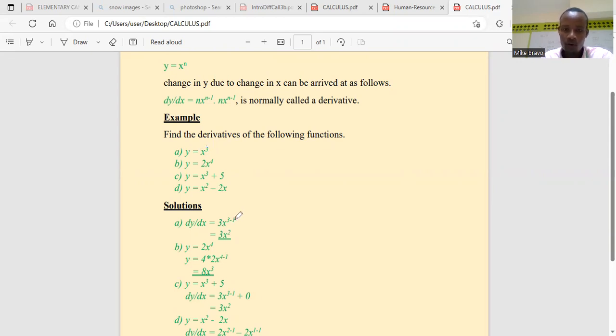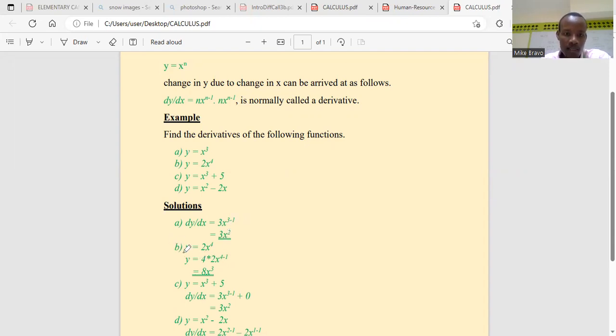We subtract 1 from that index. So you first bring the index down so that it is next to x. Then you go back and subtract 1 from that index. So that will give us a derivative of 3x squared, because here, 3 minus 1 gives us 2. So we will have 3x squared, or 3x power 2.